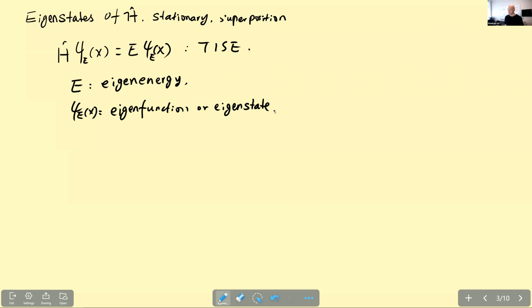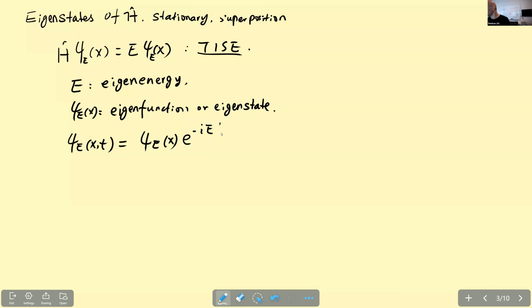Right? And then we know that this time-independent Schrodinger equation comes from the time-dependent Schrodinger equation, right? From that one, we know that the evolution of this one is actually, we have a separation of variables. So this is the dependence on the position. And there's also dependence on time, okay? That's e to the minus i times energy E times t divided by h bar, right?